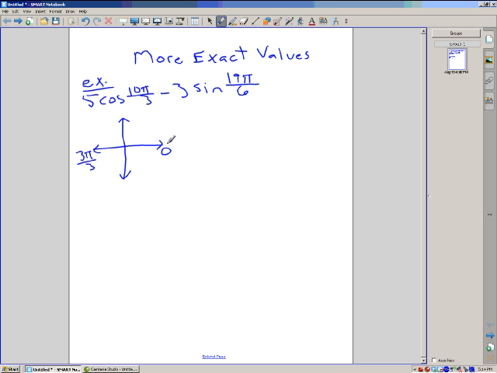That's 1 whole pi. And then if I go all the way around to a full circle, instead of calling this 2 pi, I'm going to call this 6 pi over 3. And so working through here, this would be 3 pi over 3, 6 pi over 3, 9 pi over 3, and how much more do I need to go? I need to go to 10 pi over 3, so I need one more pi over 3 rotation.